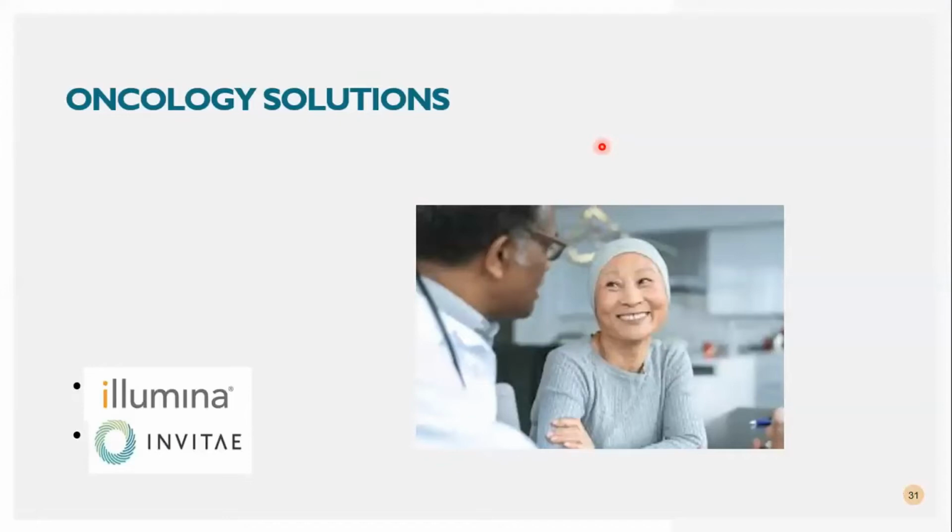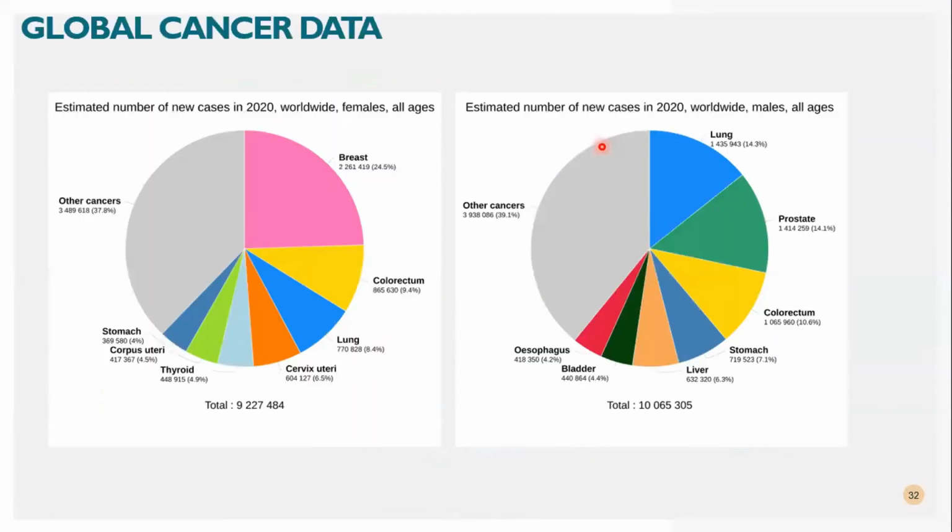Coming to the first application, which I started discussing initially, Illumina in oncology testing. This is the global cancer incidence data. If you see all ages, breast cancer is the top cancer for women, comprising almost 25% of it.